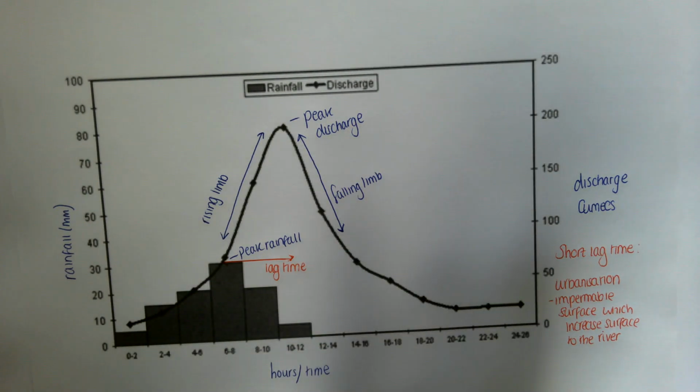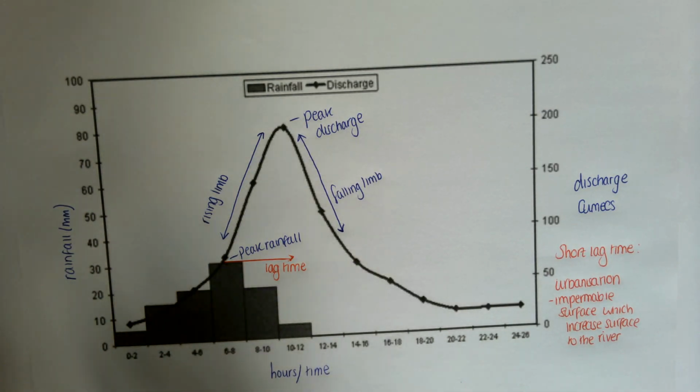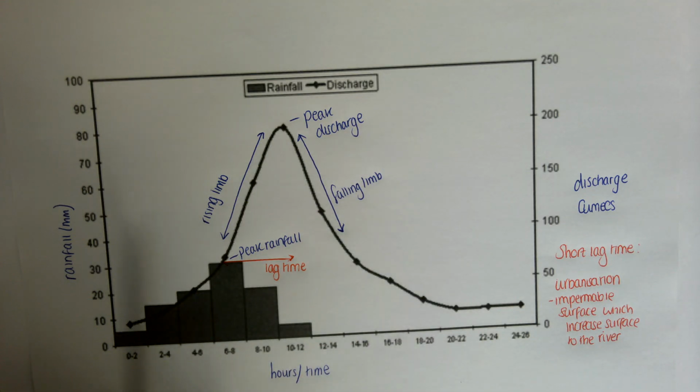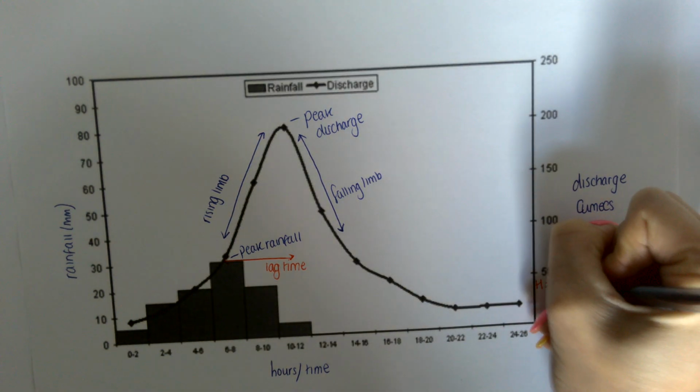No water is being infiltrated into the land because it would just sit on top of the concrete, on top of the tarmac that we've used, which would mean that it increases our surface runoff to the river. It is going to flood quicker, giving us a shorter lag time. So that is a human factor of flooding.